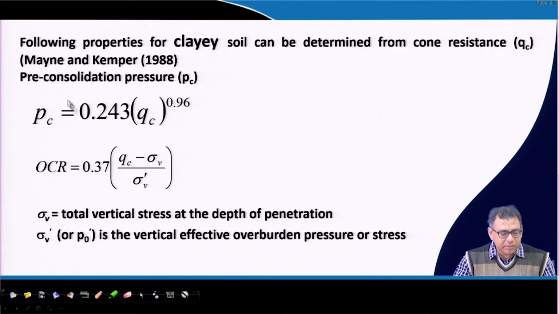So, the pre-consolidation pressure is PC, that means the stress which the soil has already experienced.